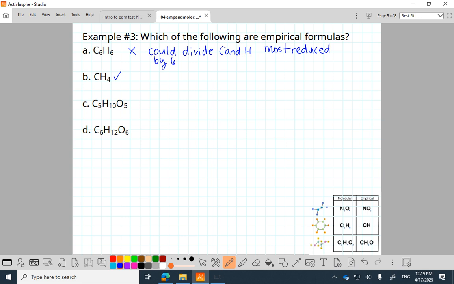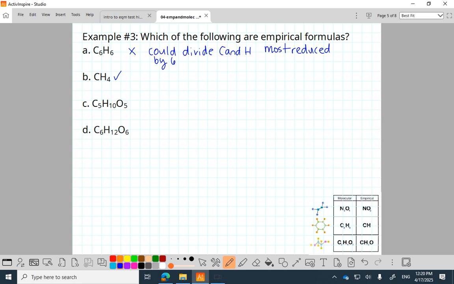And then when you get into more complicated molecules that often appear everywhere in our bodies, C5H10O5. Does anybody know what this is? So it's ribose. It's in the sugar in our RNA. Is it the most reduced?